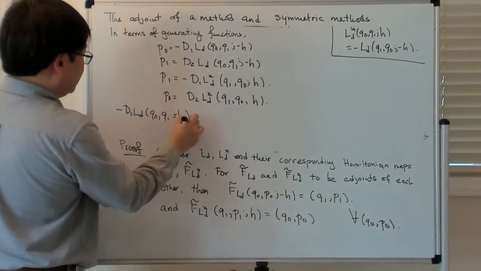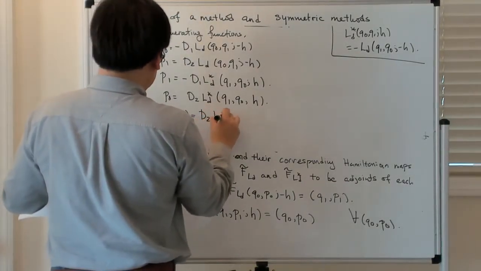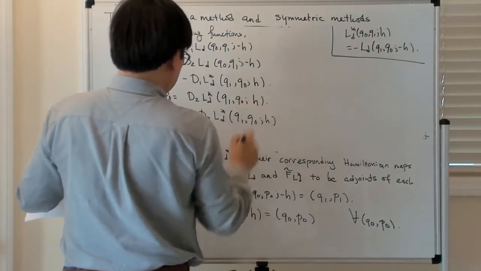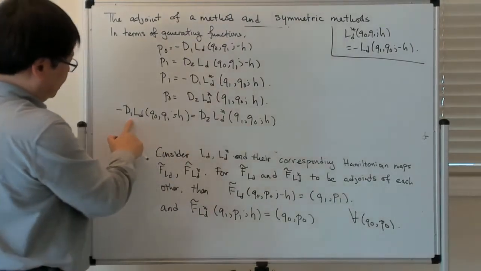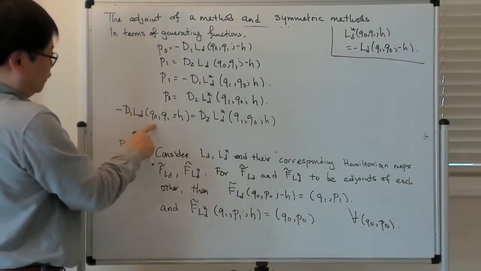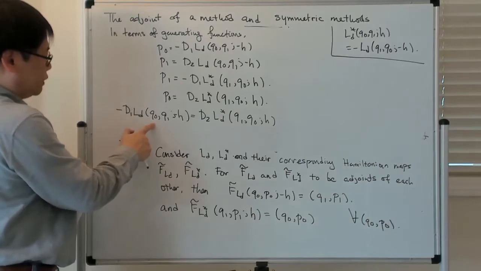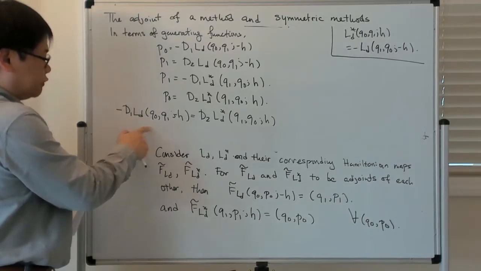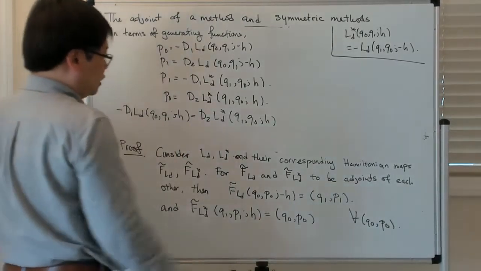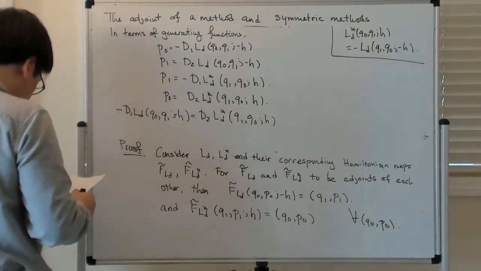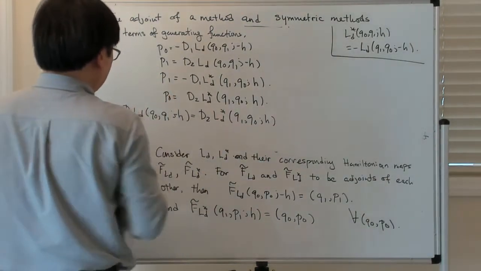So you have that minus D1 L_D(q0, q1, minus h) is equal to D2 L_D star(q1, q0, h). Here it's important to remember that D1 and D2 are derivatives with respect to the first and second slots respectively. So in both of these instances, it is a partial derivative with respect to q0. D1, q0 is in the first slot here, so this is a partial derivative with respect to q0. This is D2, but q0 is in the second slot, so this is again a partial derivative with respect to q0.